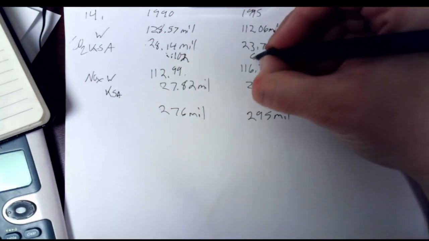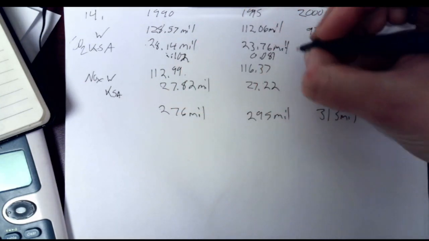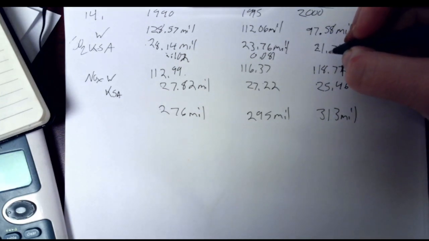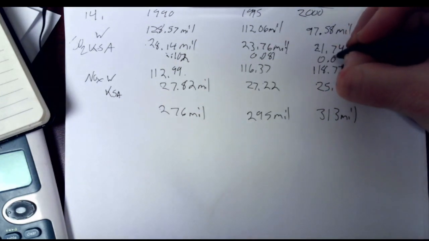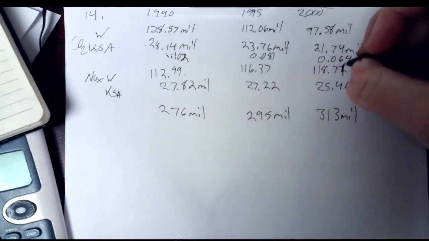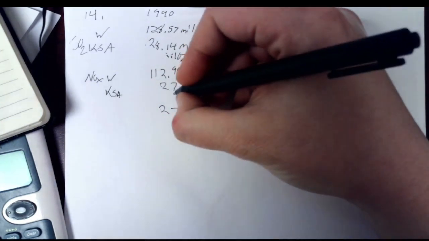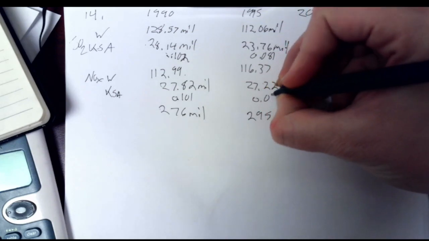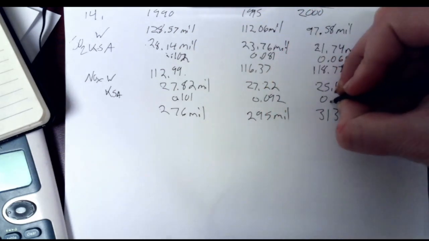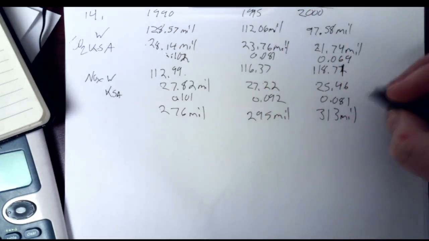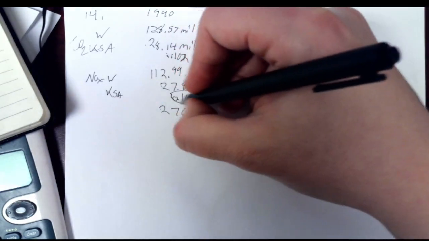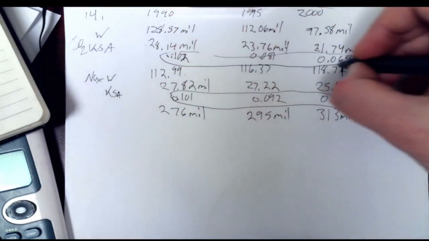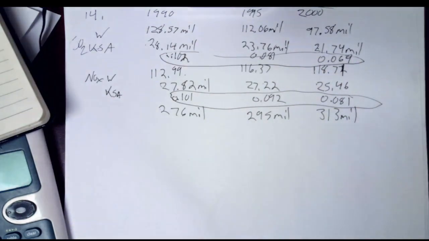Then it drops to 0.081, and then it keeps dropping to 0.069. And the NOx in North America, 0.101, 0.092, 0.081. So at least in North America and the USA, it is dropping at a gradual pace.